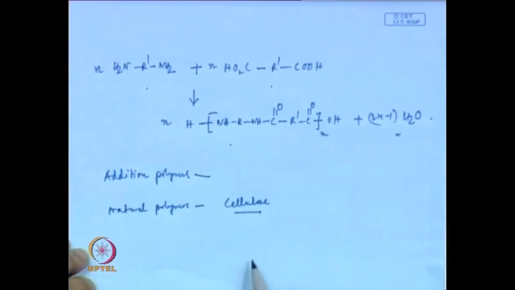But looking at the structure, we can hypothesize the monomers from which they have been synthesized. The polymers can be degraded to small hypothetical monomeric molecules from which these can be synthesized.